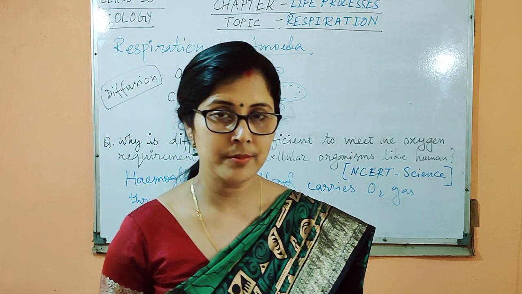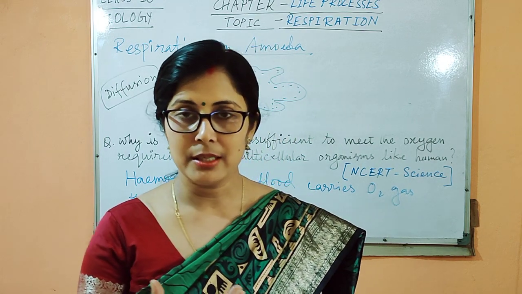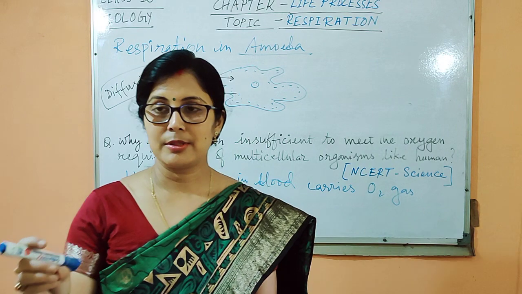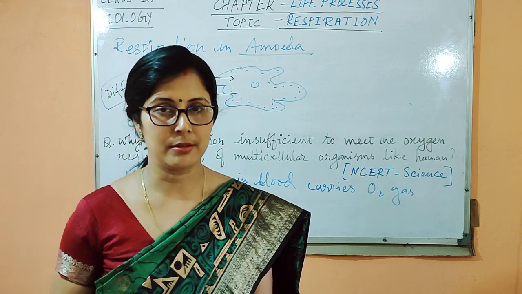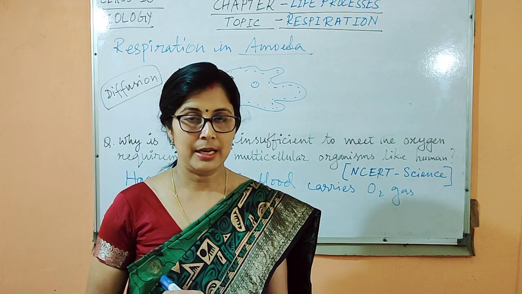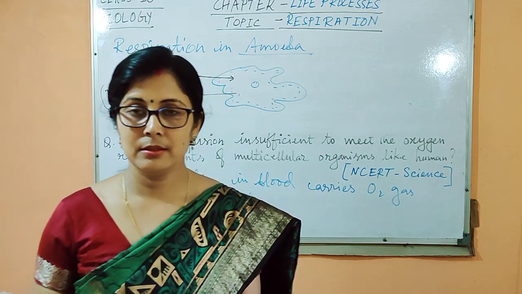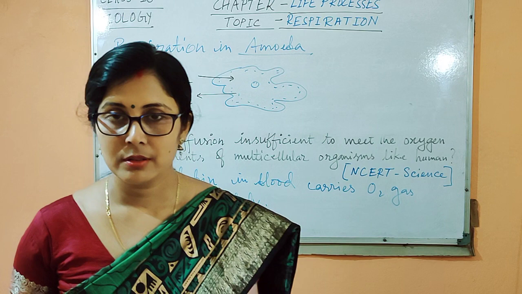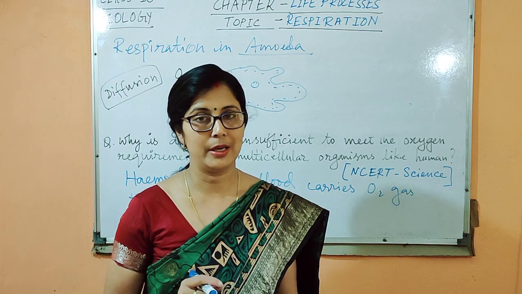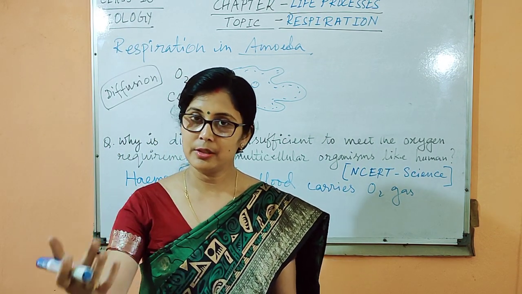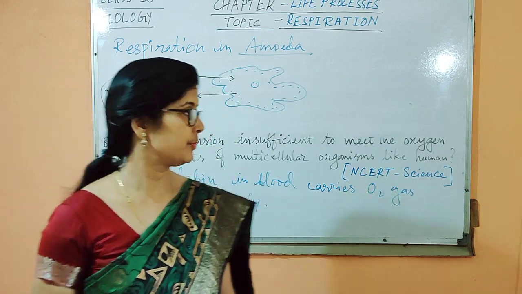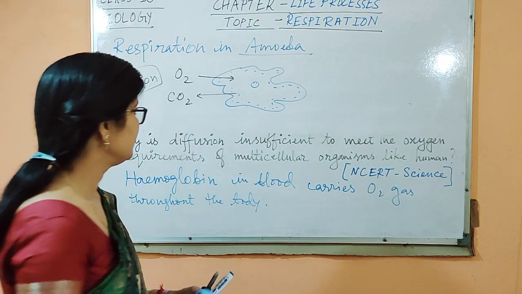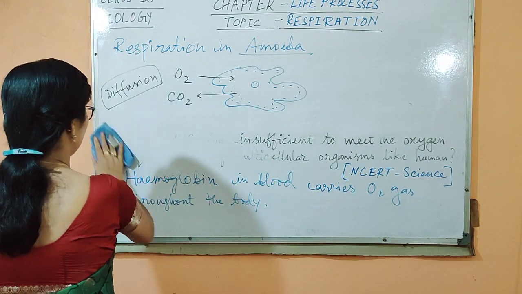In the respiratory system, oxygen and carbon dioxide gases are exchanged at the site of alveolus, that is lungs, and then oxygen gas is transported to the heart through blood. Okay, so that we will read in the circulation part. So both are interrelated.